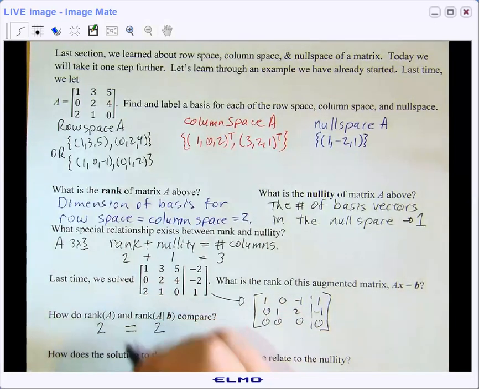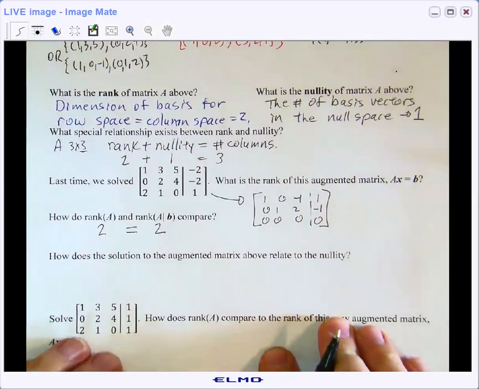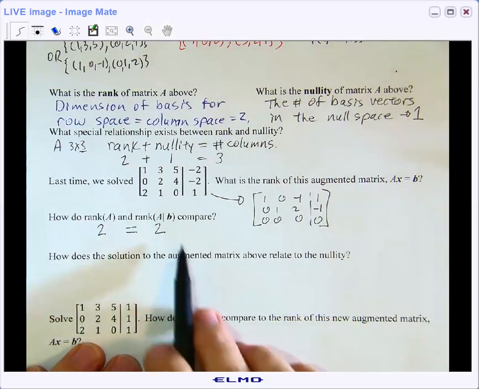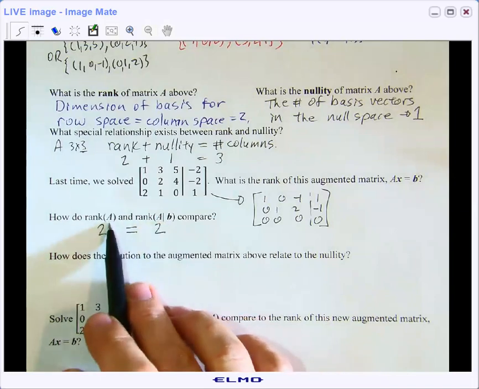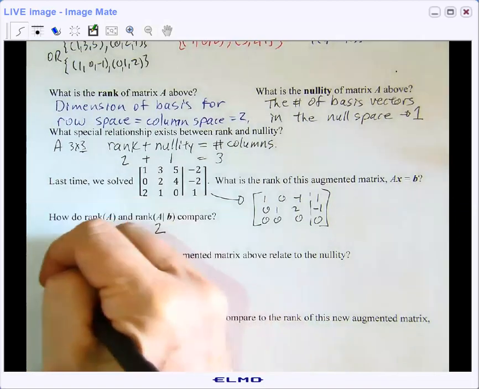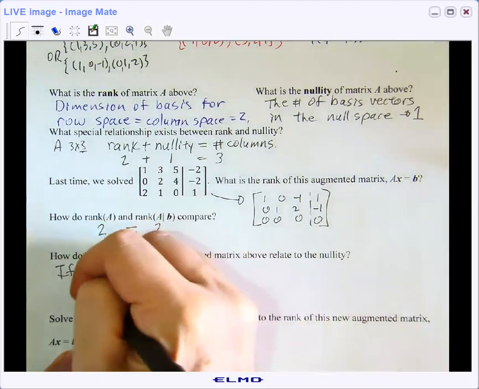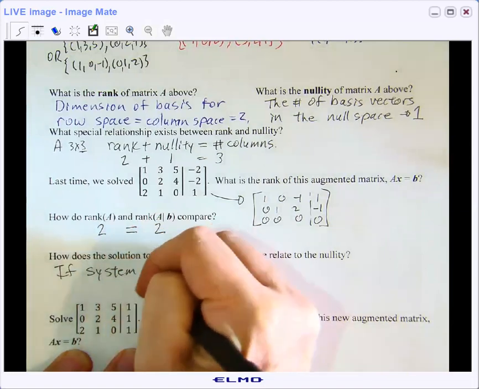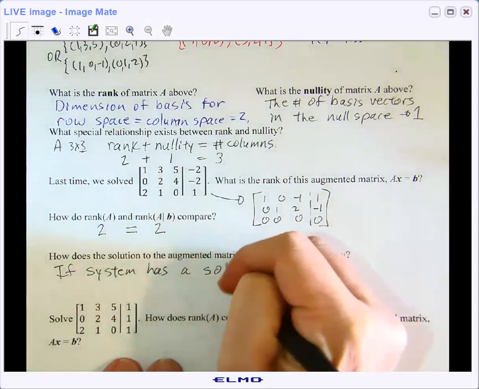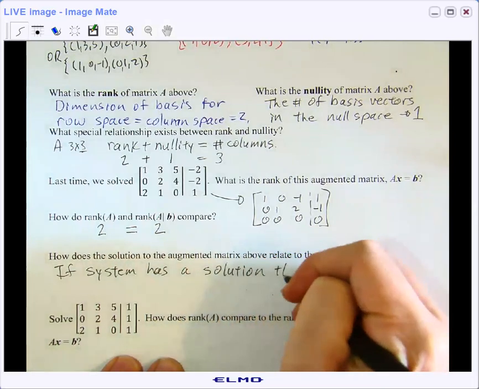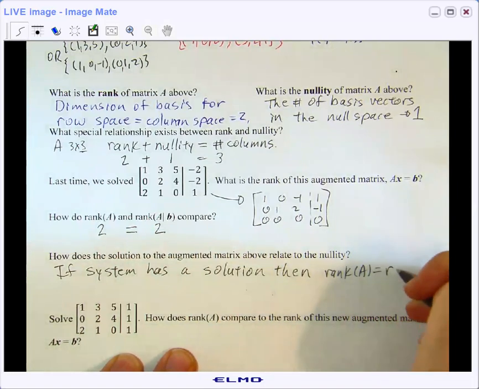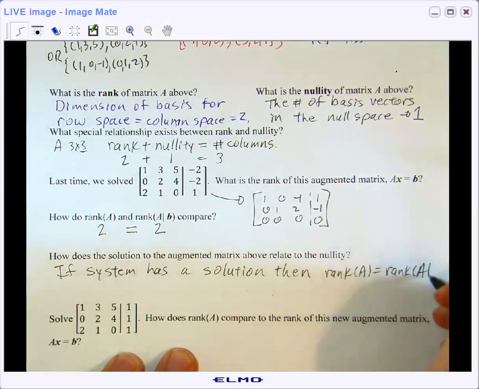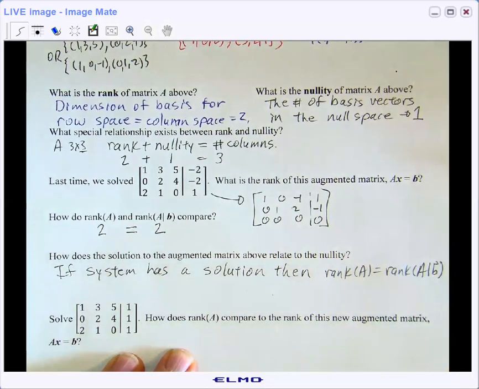And you'll notice that 2 is equal to 2. So if we have a system and it has a solution, then the rank of that augmented system will be the same as the rank of the original matrix. So if the system has a solution, then the rank of A will equal the rank of A augment the constant matrix.